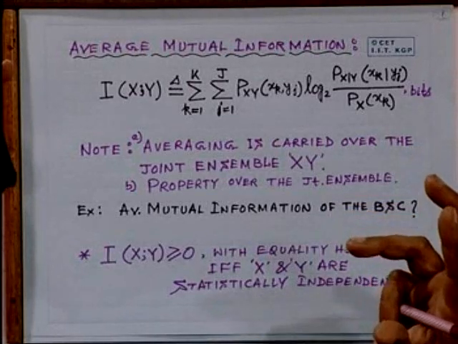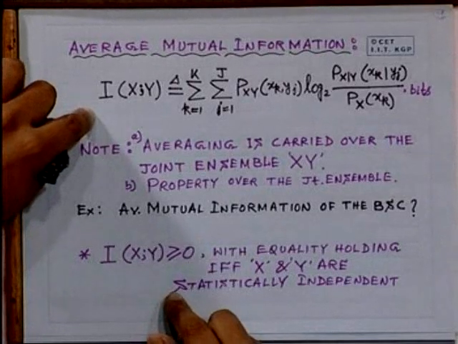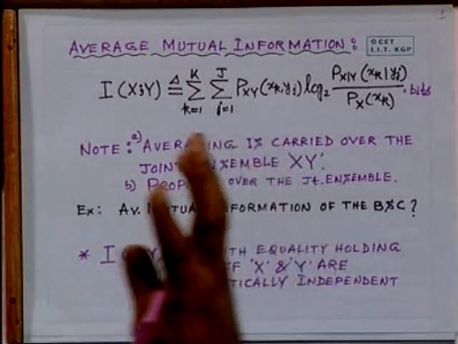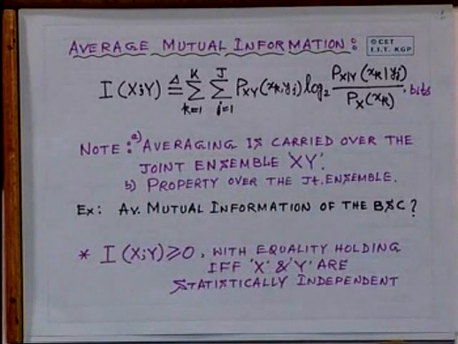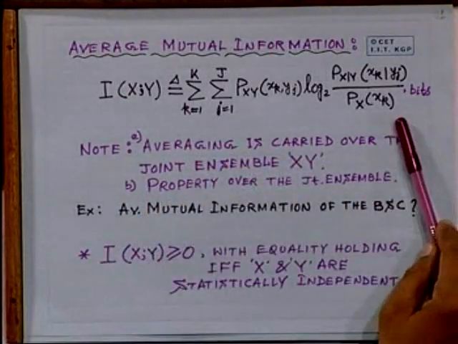I am not talking about any maximization here. Once you define your individual ensembles, the alphabets and the probabilities, this will come out with a single value. So average mutual information is a value and the unit should be bit.